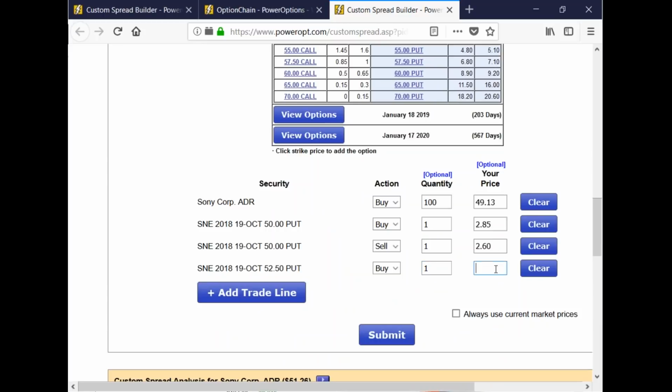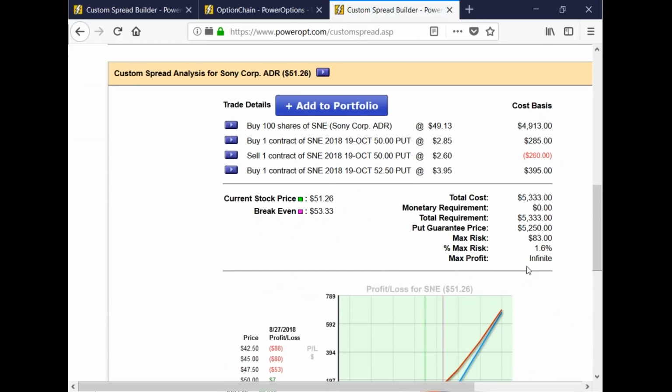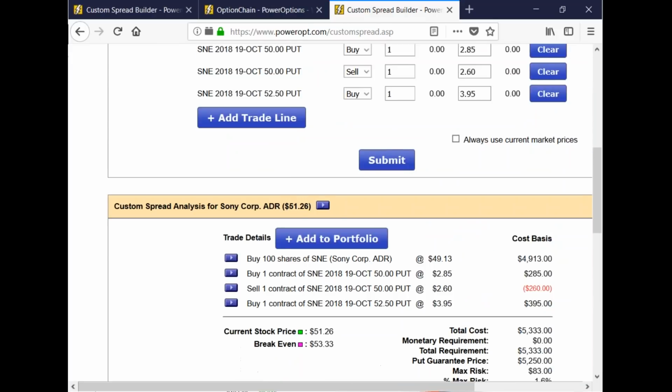And the 395, of course, at the time, 250 of this was intrinsic, Fernando. 145 was time premium. We go from a risk of 3.8 down to 1.6, or $83. Not too shabby. In one move, we've taken the risk from 198 down to 83 cents.